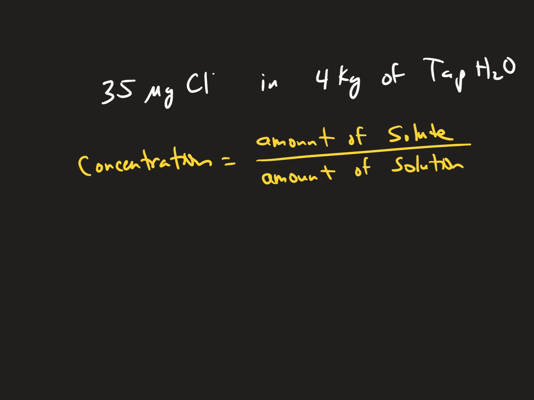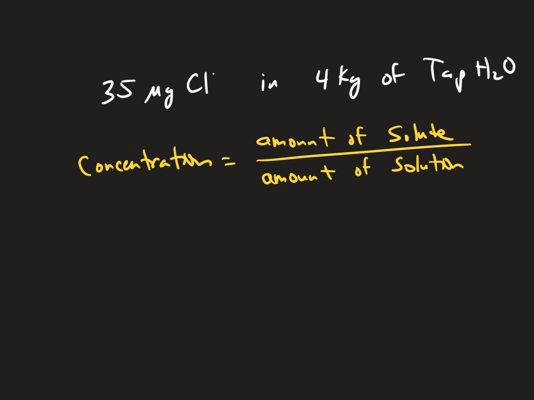Okay? So when we say we have chloride in the water, what are we interested in here? Are we interested in water? No, we're interested in chloride, right? Chloride is the solute, and we're always interested in that solute. In our solution, we name the solution after the solute, right? Okay, so it's solute over solution.